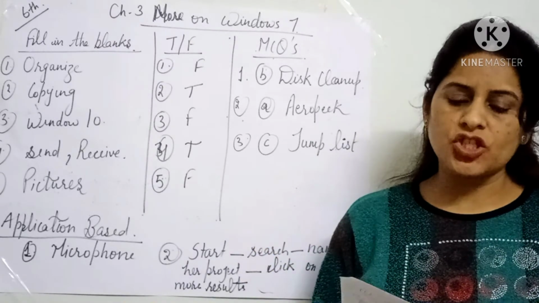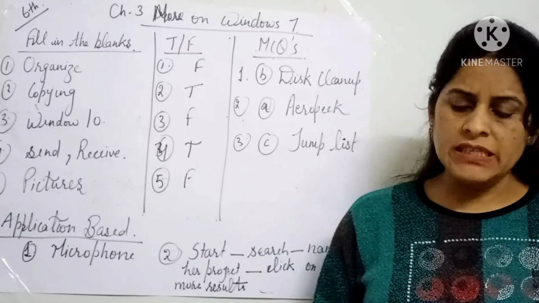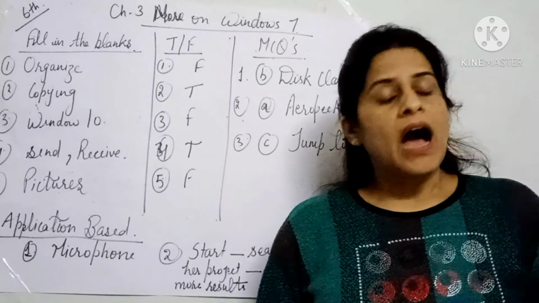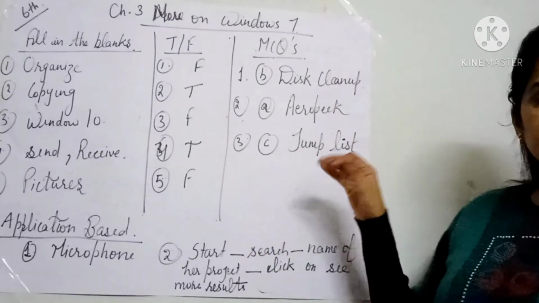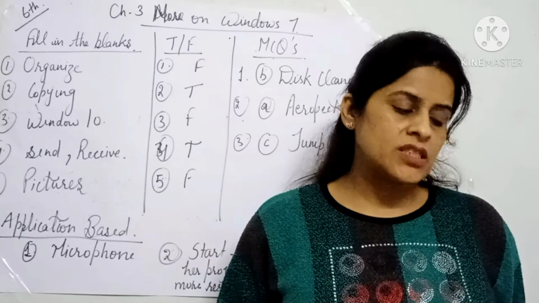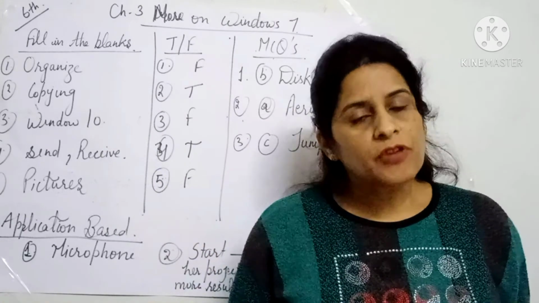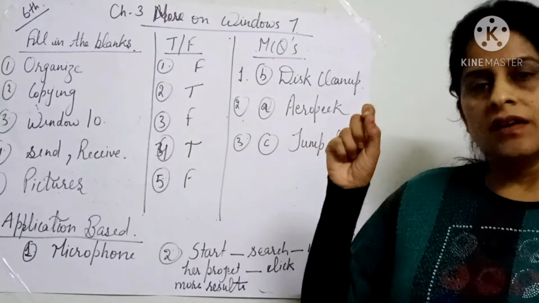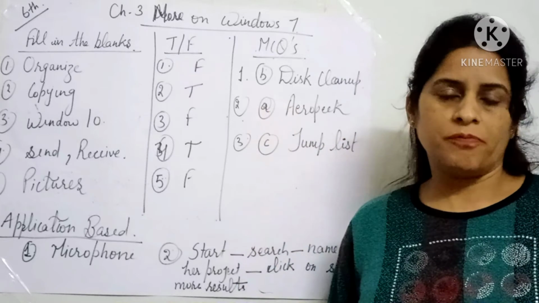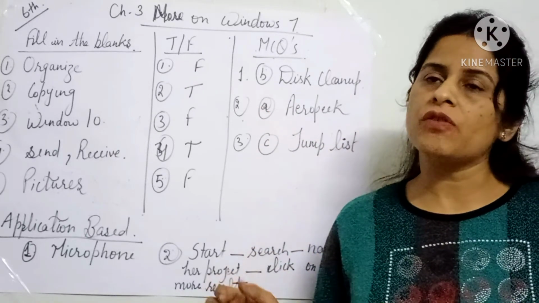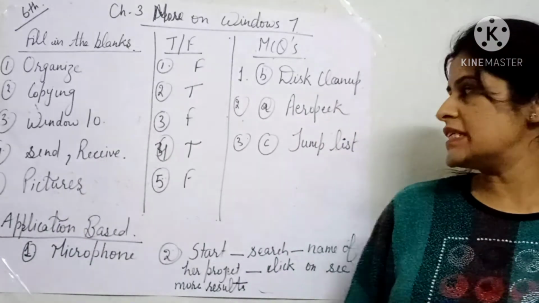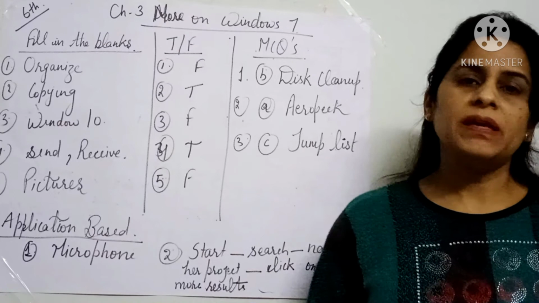Which feature is it through which you can go directly to any document, pictures or website that you use a lot? You can make a jump list. In the jump list it will store all the documents, pictures and websites which you are using frequently, and by clicking on this jump list it will show all the files and documents which you are using frequently. By just clicking on that you can move to that document easily. So that feature is known as the jump list feature.